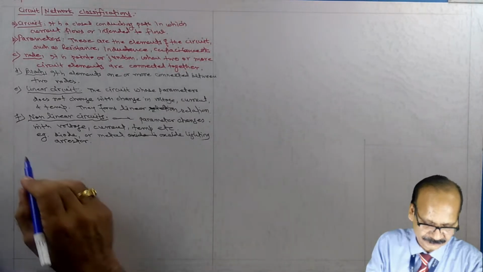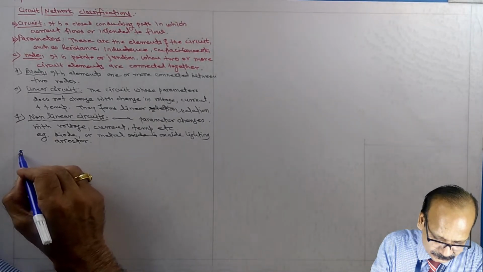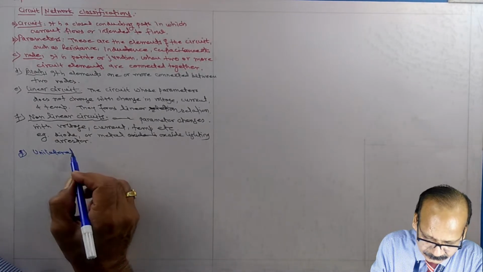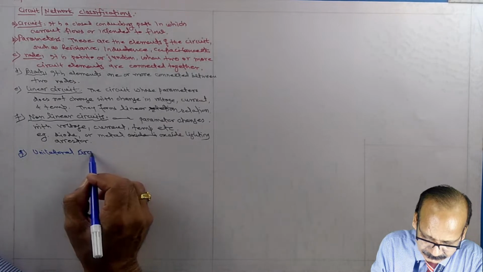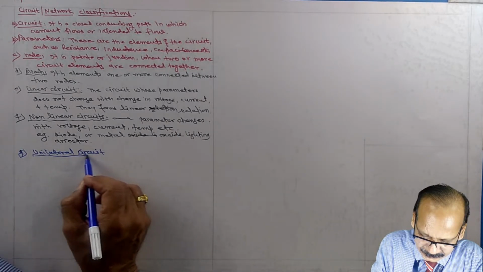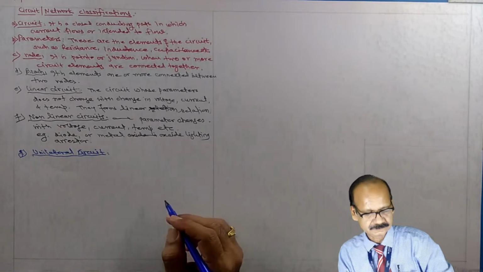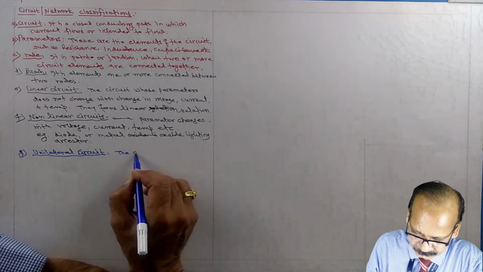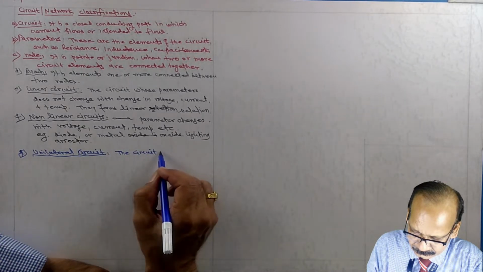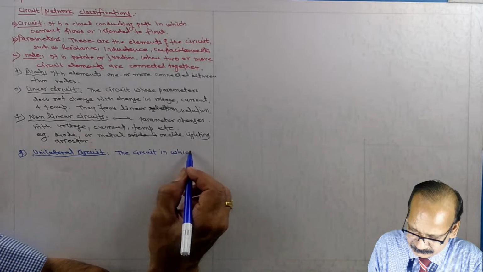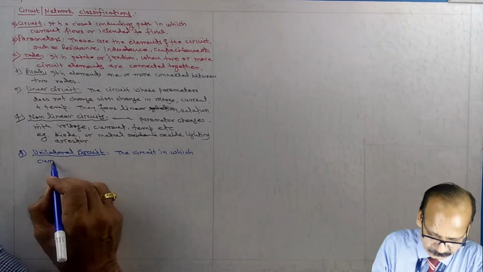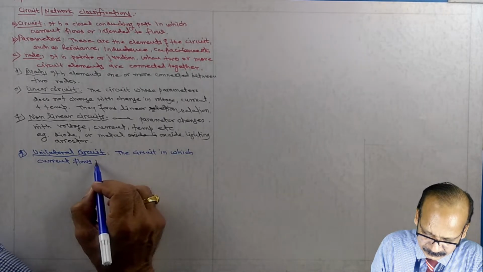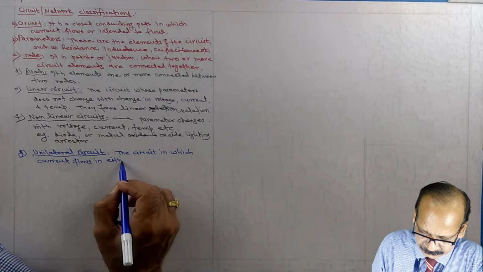Okay. Then the next one is unilateral and bilateral networks. A bilateral circuit or network is a circuit in which current flows in either direction.